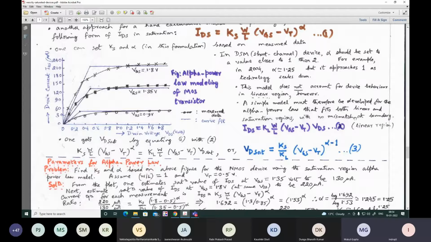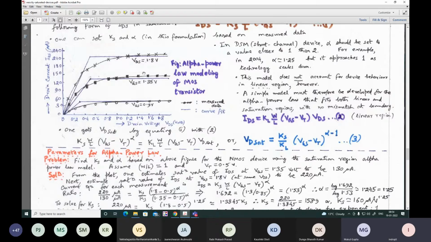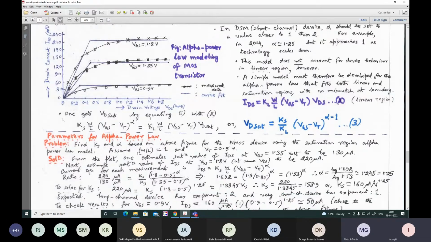Then what we do is equate this to the expression in order to get the value of VDS, which is found out to be this. Anyway, suppose we have got experimentally 1.35 and 1.8, but we need to predict the value for 0.9 volt. We can find Ks and alpha based on the above figure, where we assume for simplicity that W by L, the aspect ratio, is 1, and the technology threshold voltage is 0.5, for both 1.8 and 1.35.